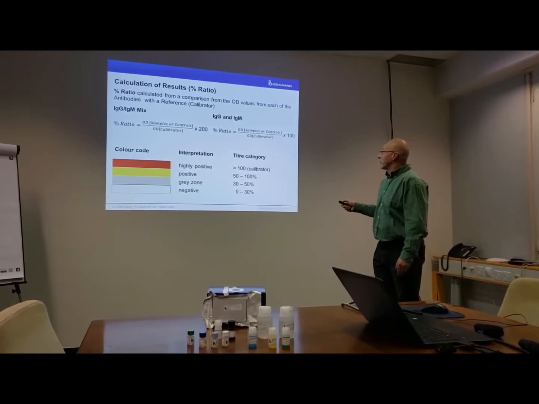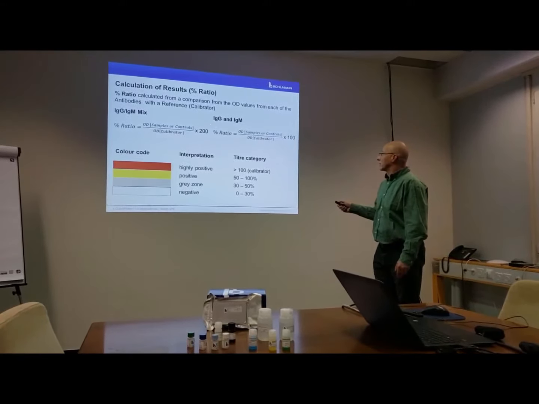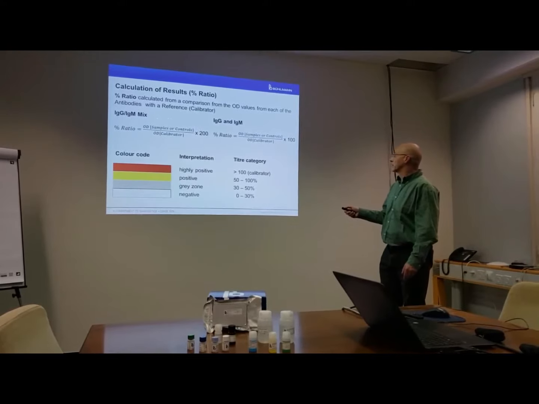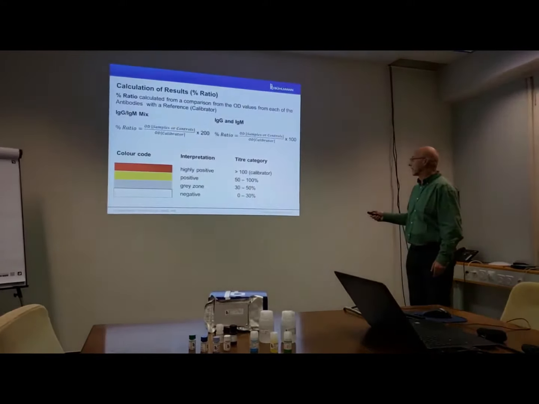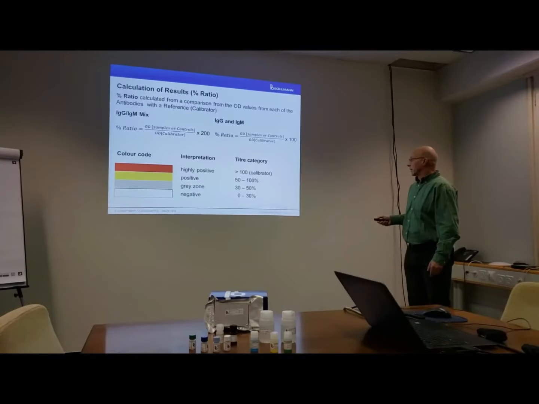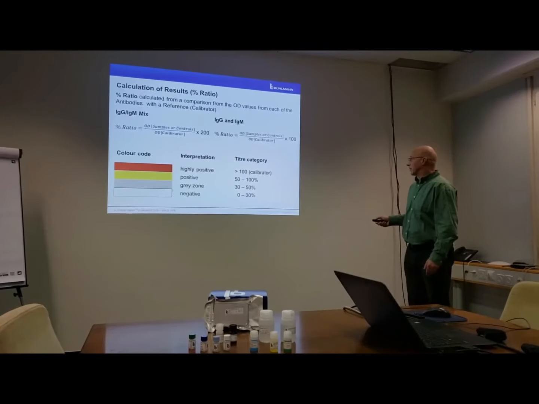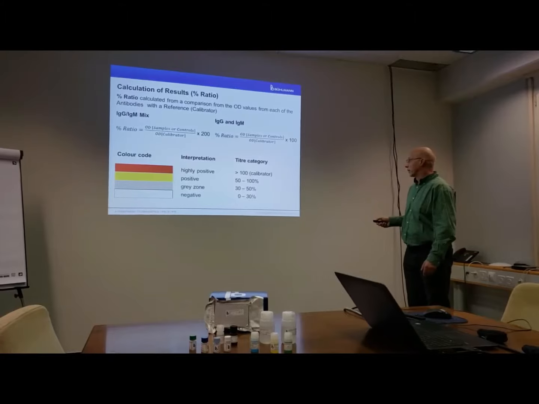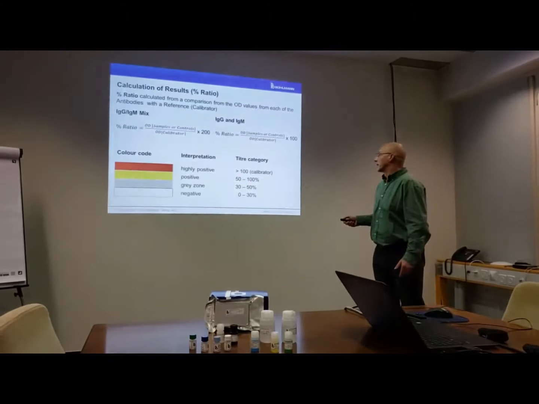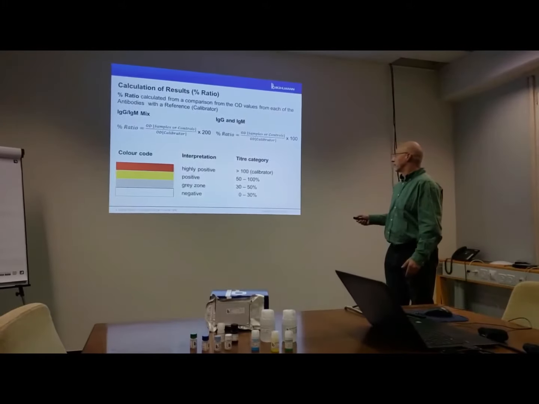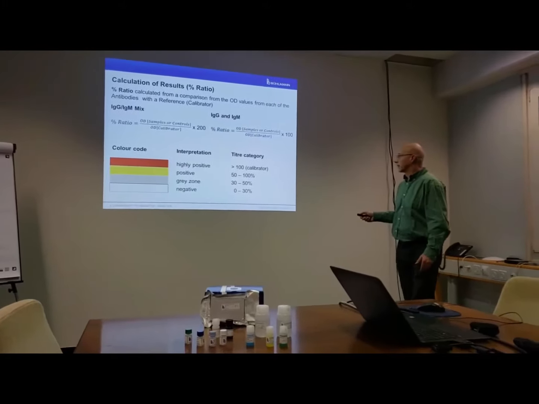The percent ratios as an outcome of the calculation can be divided into different titer categories. The category between 0 and 30% is negative. The gray zone is between 30 and 50%.